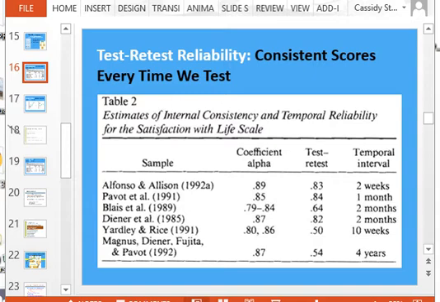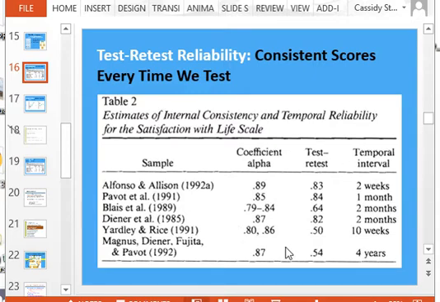So from 1 to 10 on a happiness scale, somebody gets a 7. Well, then if you wait a little while and give the test again, if you have good reliability, then that test should give close to the number 7 again for that person. And we can test this reliability by giving the test multiple times to the same people and then seeing whether those scores correlate.